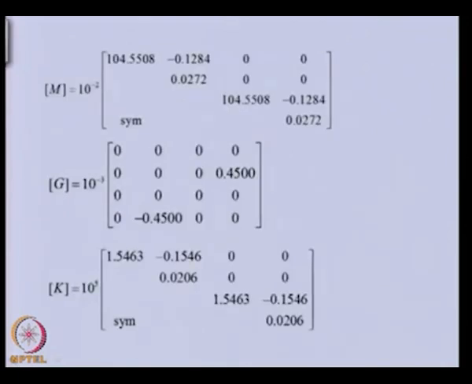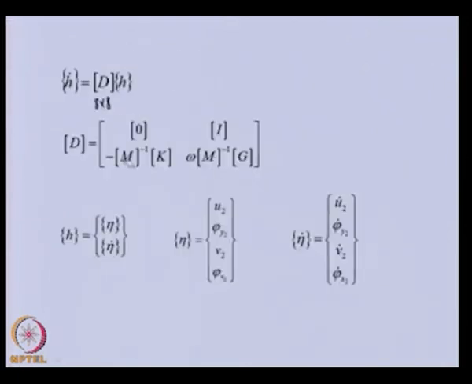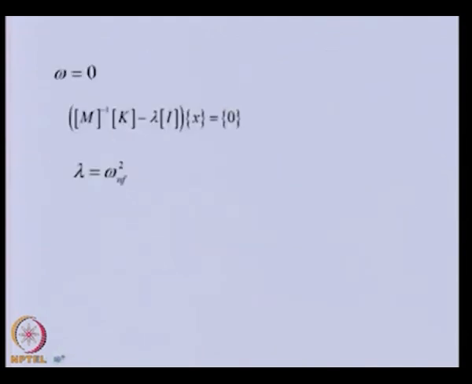Basically we will be multiplying, and because the size will be bigger, I am not showing this, but these matrices we can substitute and we can generate the D matrix for which we can obtain the eigenvalue. If we are operating at 0 speed, that means gyroscopic couple will not be there, G matrix will be 0.